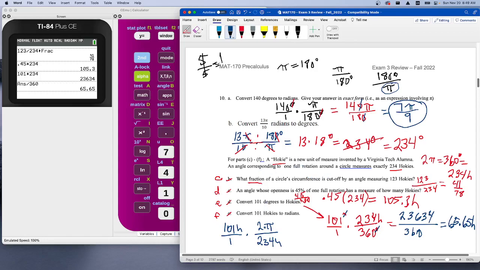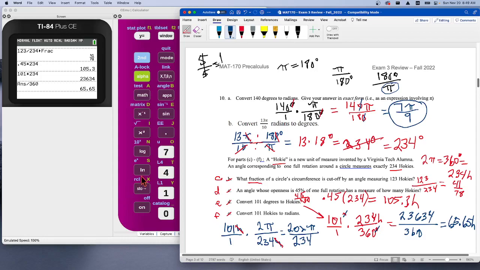A lot of times with pi, they like us to leave it that way. So that'd be 202 pi over 234. Again, the units of Hokies have canceled.